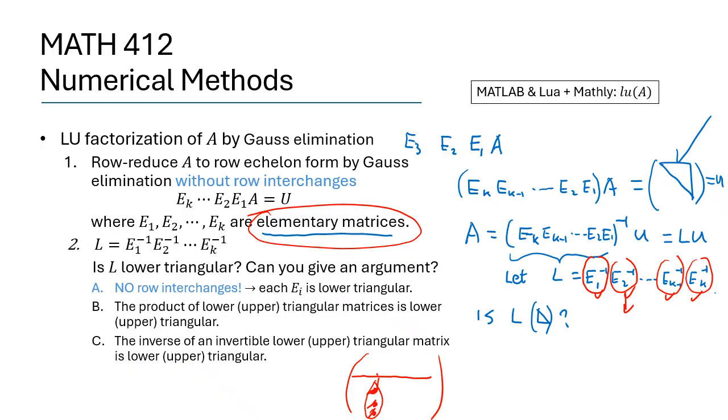So this is proved: L is really lower triangular, and that's LU factorization by Gauss elimination.